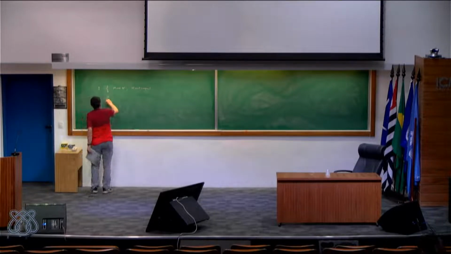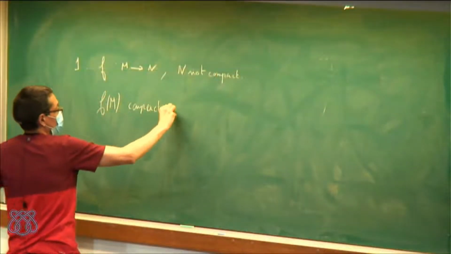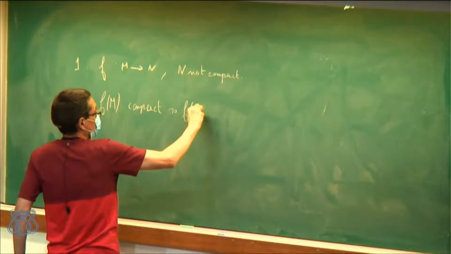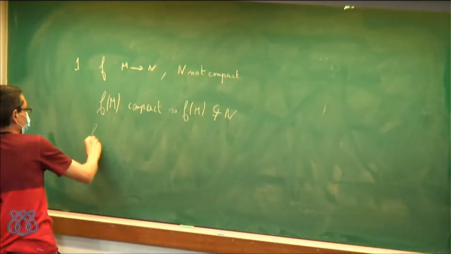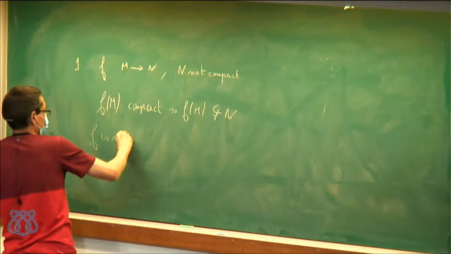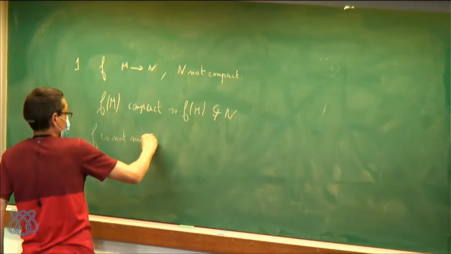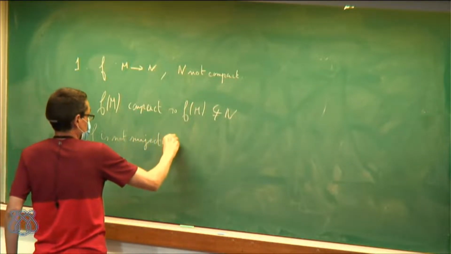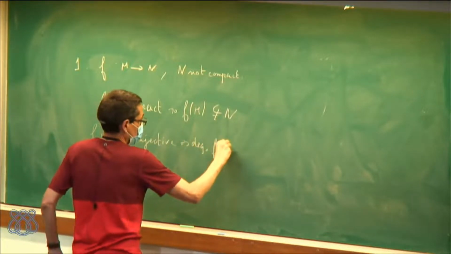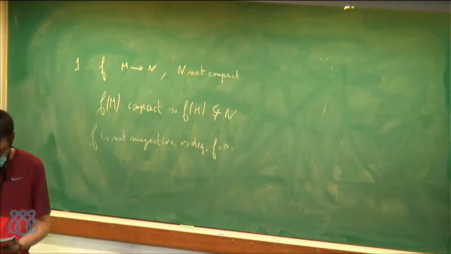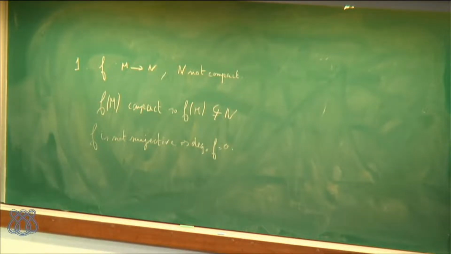So f of M is compact, so it is strictly included in N. So f is not surjective, and this implies that the degree is 0. Okay, so it was very easy.